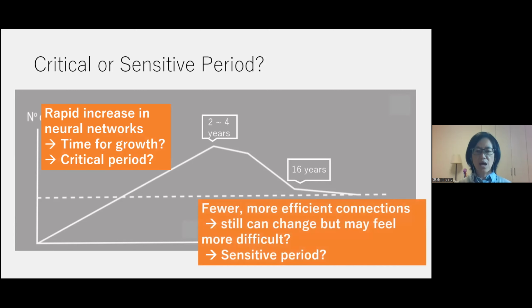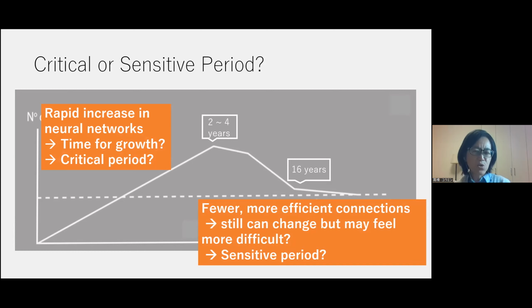And then this area after the age of 16, this more efficiently connected neural network, but having a fewer number of synapses, would that be the reason that we can still change because of that increase-decrease dynamic process, but still we may feel it's a little more difficult just because the number of synapses is fewer, even though it's more efficiently connected?